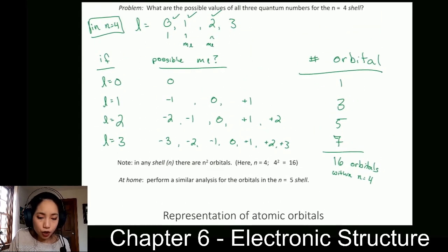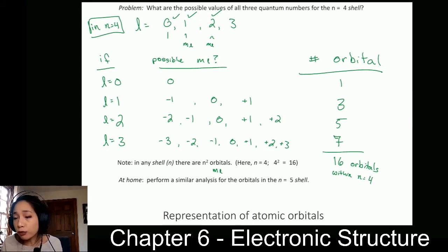All right, and you note here, for any n shell, in this case n equals 4, there are n squared possible orbitals, and these are all of the possible MLs that we just determined. For n equals 4, 4 squared is 16, and we got 16 orbitals.